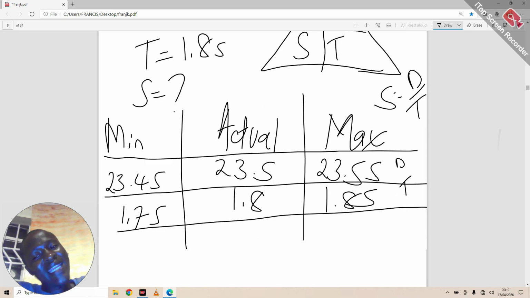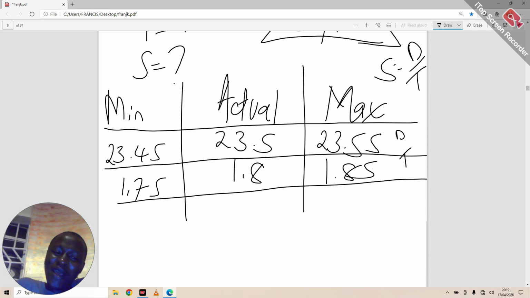So we are dividing. And remember, I told you that subtraction goes hand in hand with division, and addition goes hand in hand with multiplication.